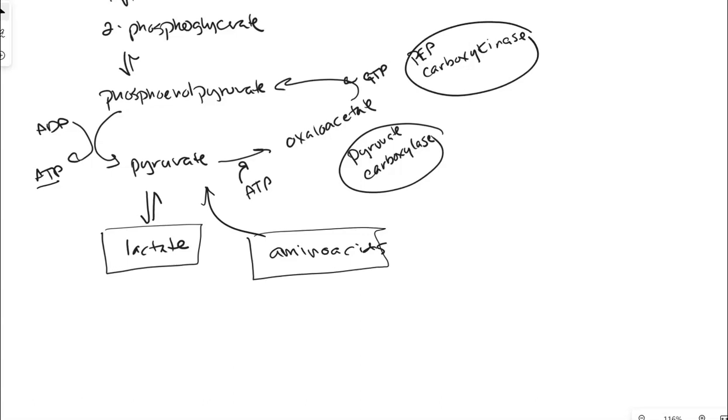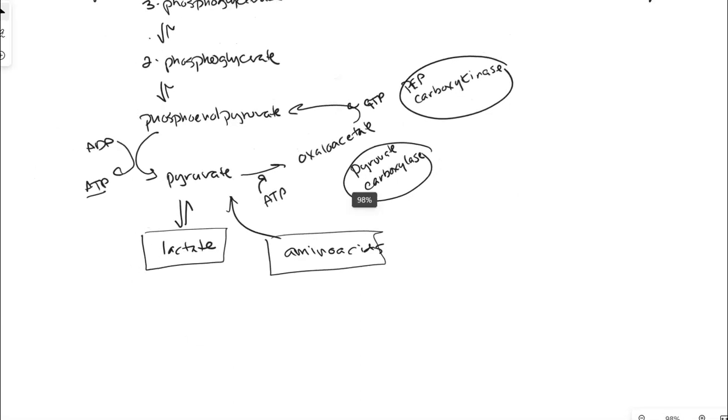So the first step, synthetically, going from pyruvate back to phosphoenolpyruvate, happens through an oxaloacetate intermediate and requires two highly regulated enzymes to take us going back up the pathway for gluconeogenesis.